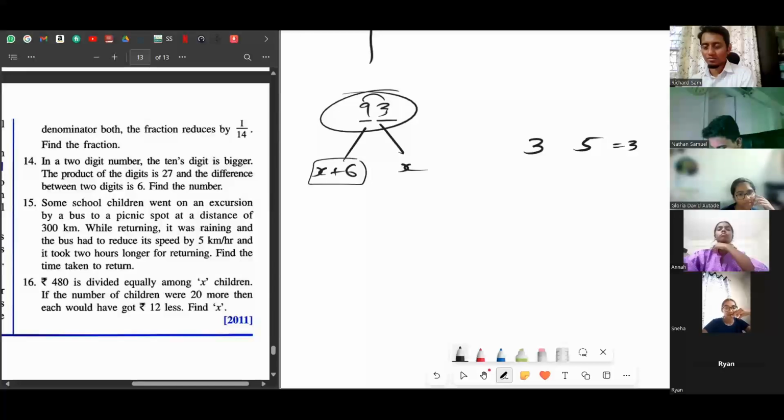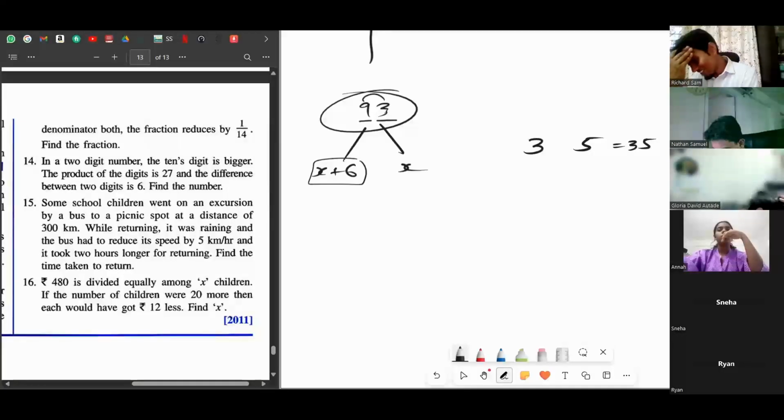Don't tell. What should you do with this? You can do anything with this. Put plus, put minus, do multiplication, do whatever you want, but get 35. So 3 into 5 is 35? 3 into 5 is not 35. 3 into 5 is 15.